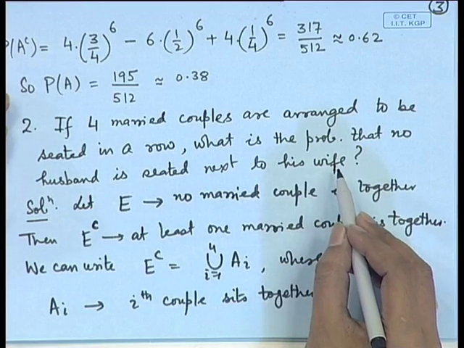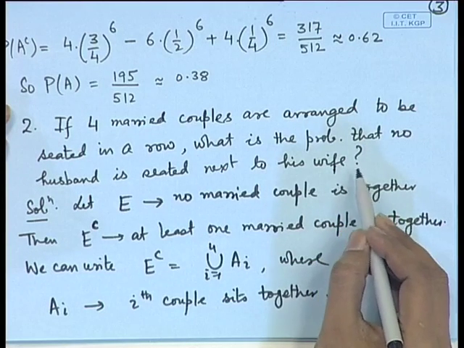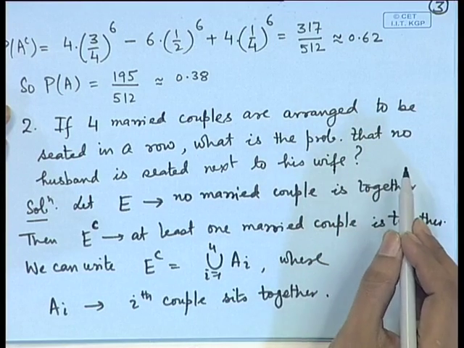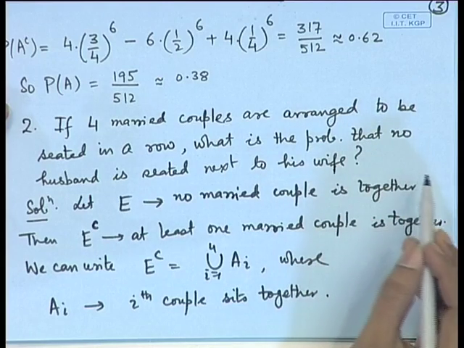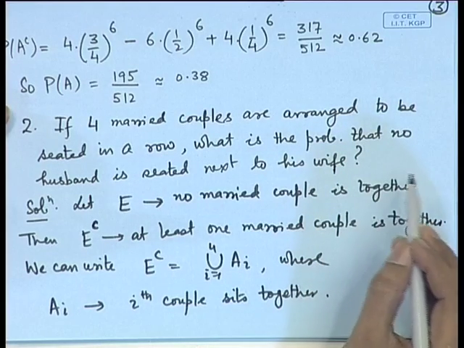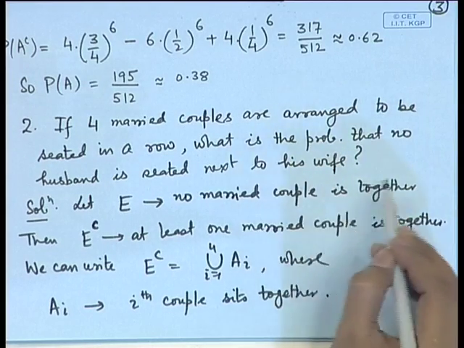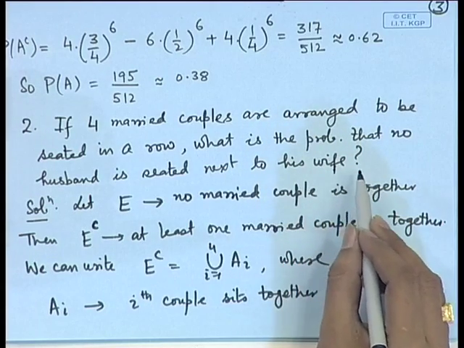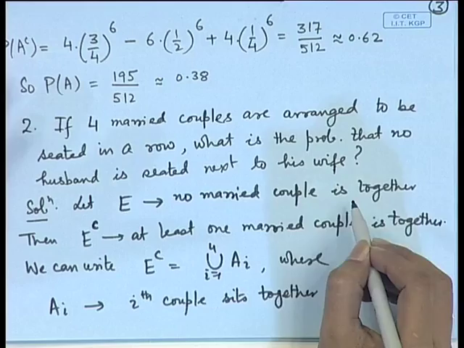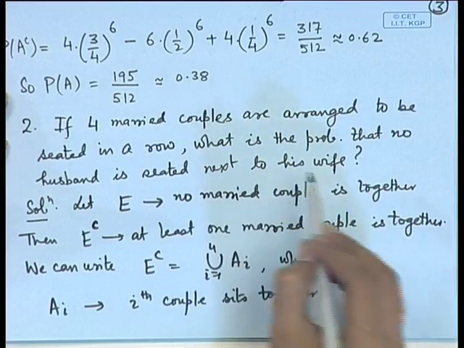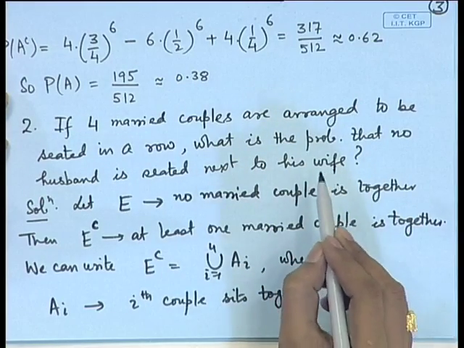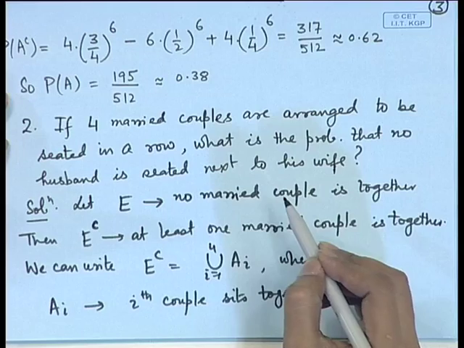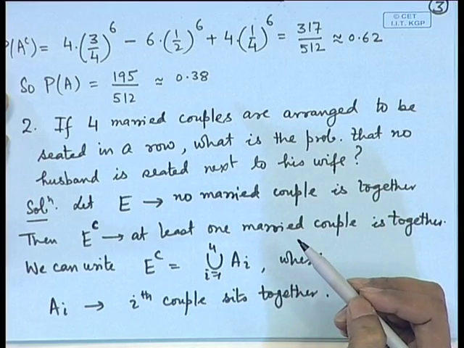For example, husband 1 seated next to wife 2, husband 1 seated next to wife 3, husband 3 seated next to wife 4 and so on. The total number of possibilities is too many and it will be an enumeration problem. However, we can simplify this by considering the complementary event and then making use of the unions of events.